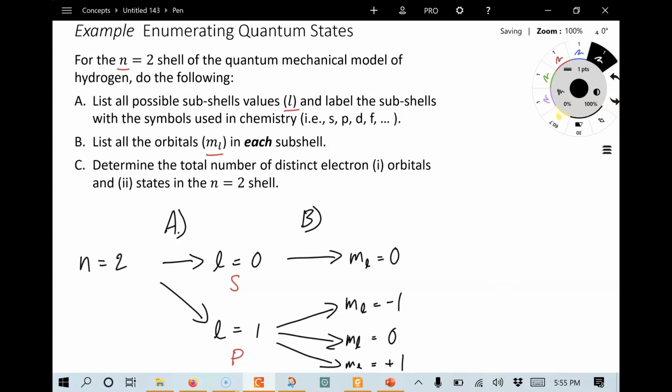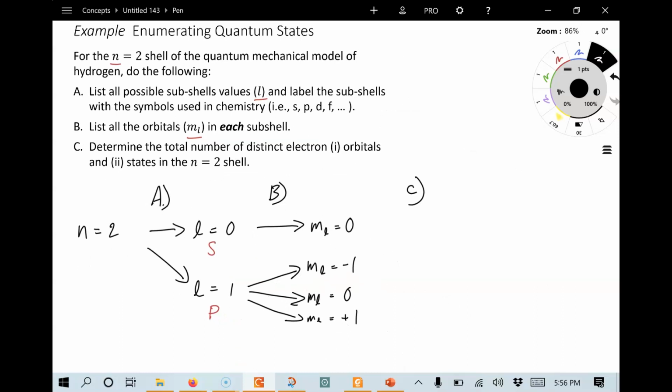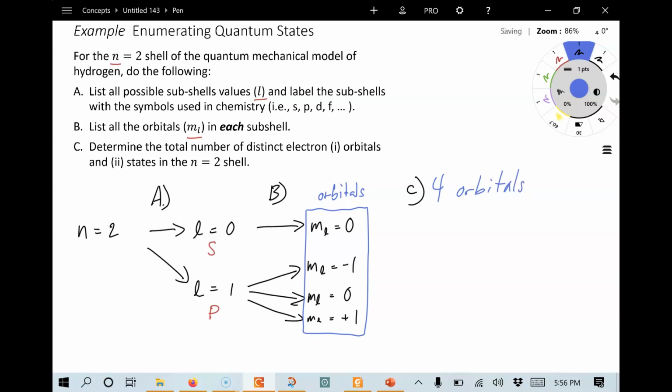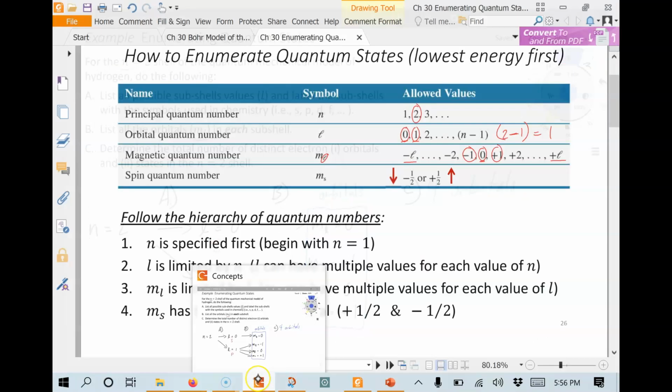Part C asks, determine the total number of distinct electron orbitals and states in the n equals 2 shell. Okay, so if we look at this, each one of these is a distinct orbital. So we've got 4 orbitals in the n equals 2 shell. And for each of the orbitals, you can always house 2 electrons.